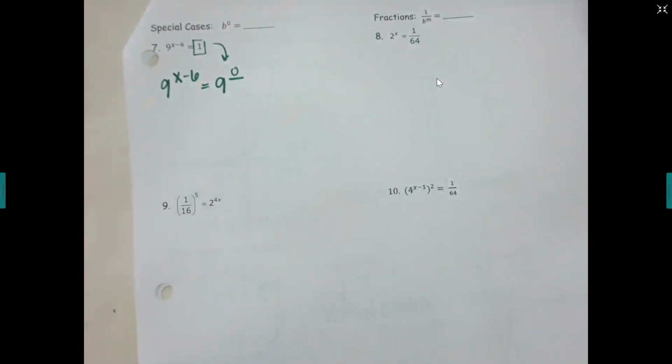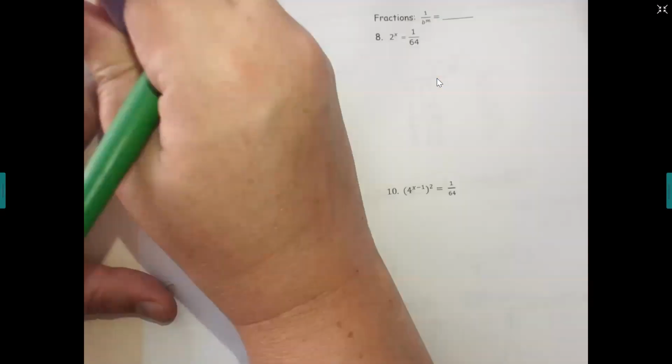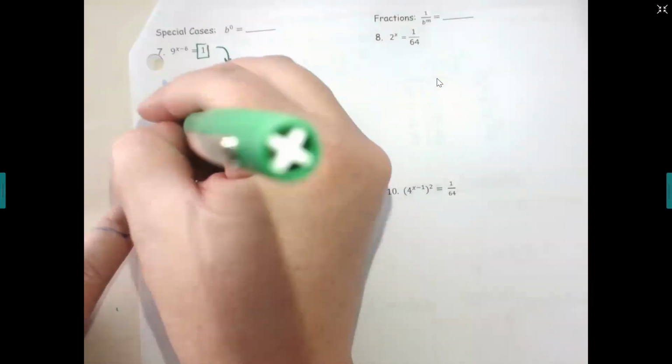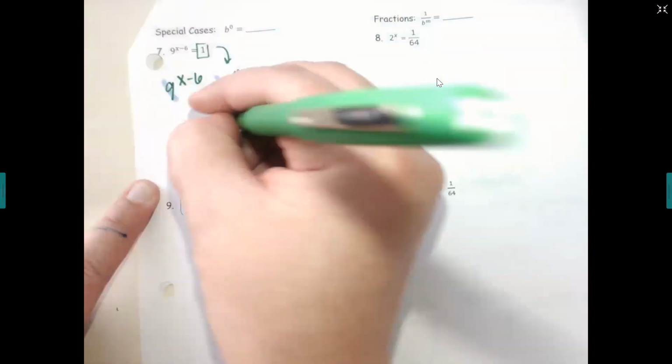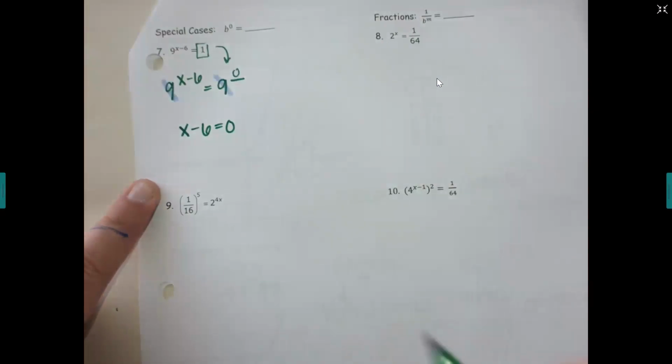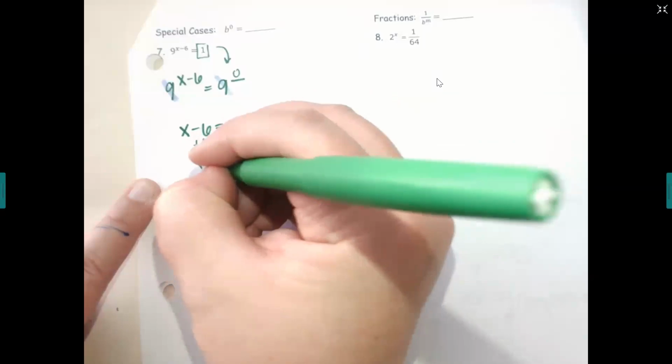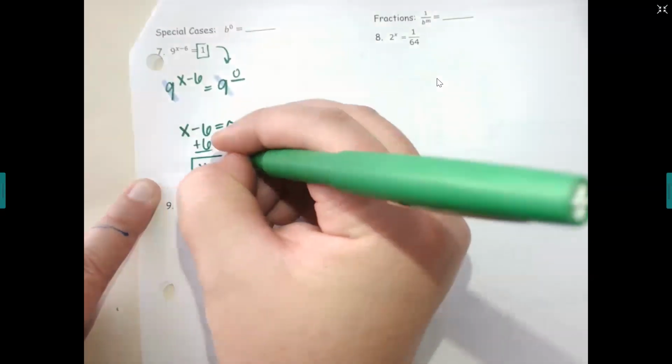Okay, and then from there, what's gonna happen? Cancel out the 9's. I have x minus 6 equals 0. And then if I add that 6 across, x equals 6. Are we good with that?